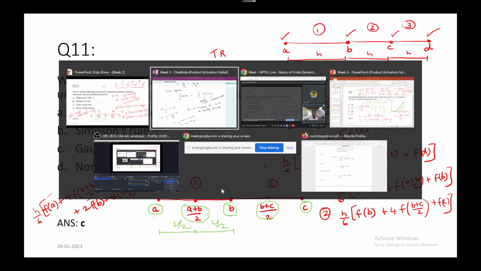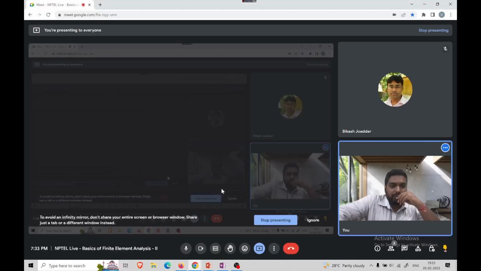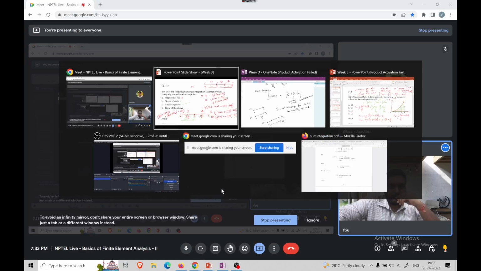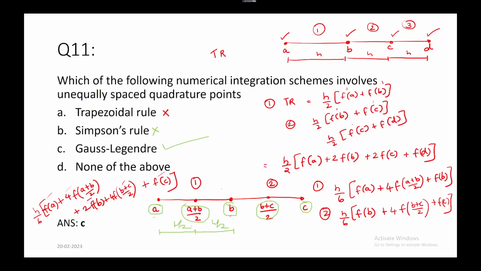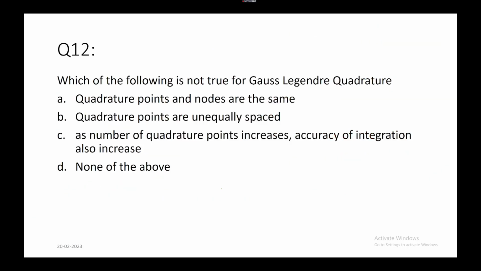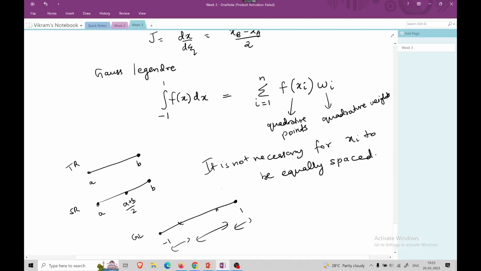Is there any doubt? Okay, so we'll go to the next question. Which of the following is not true for the Gauss Legendre quadrature? Again we just saw in the last example that our quadrature points are somewhere here.